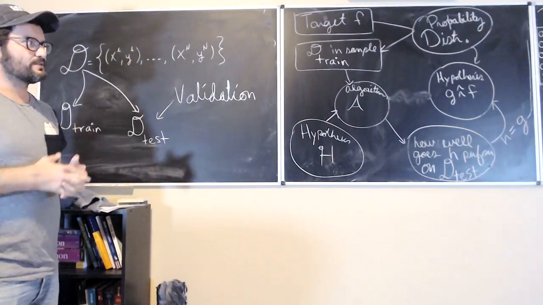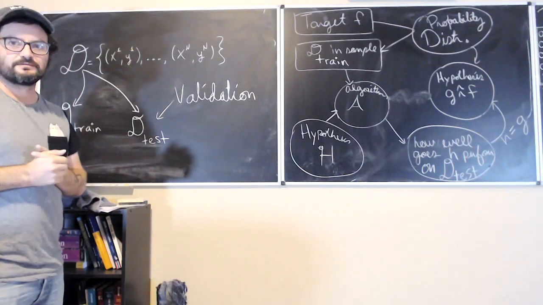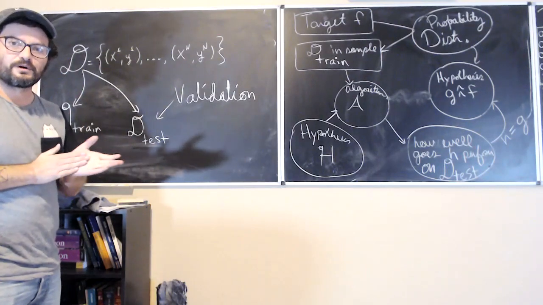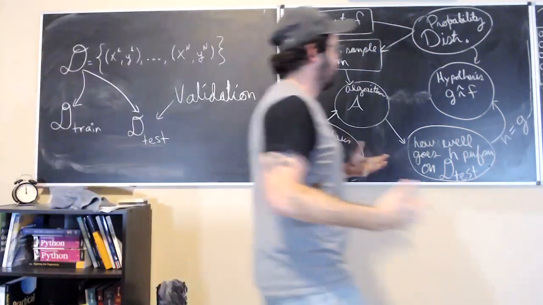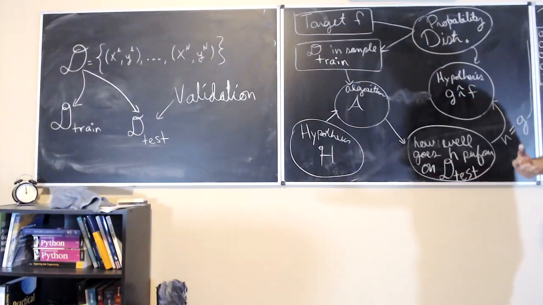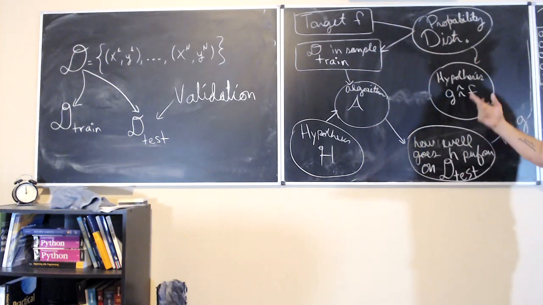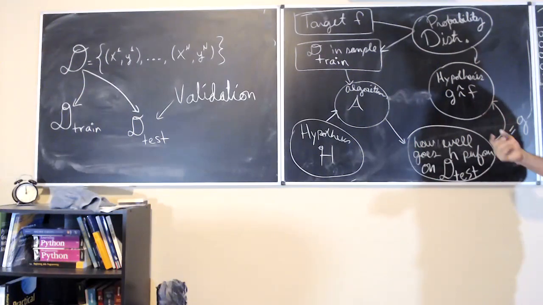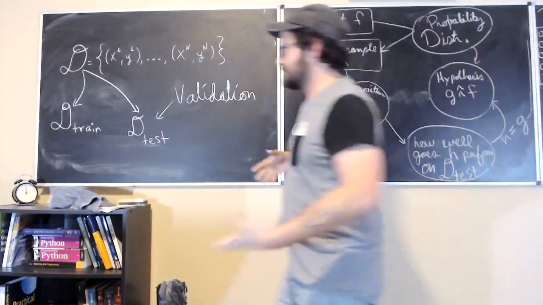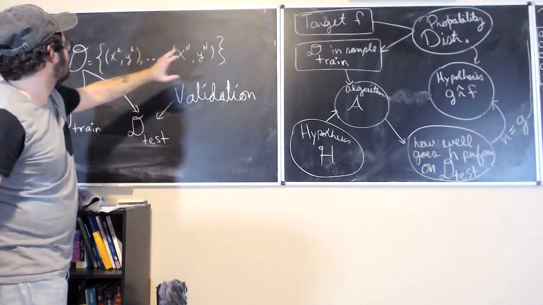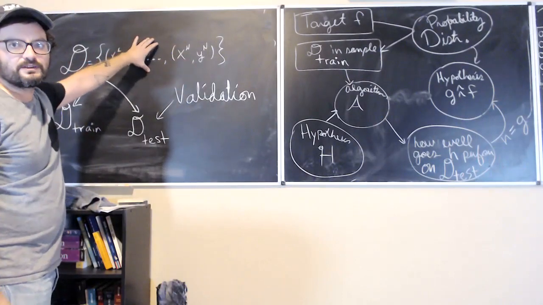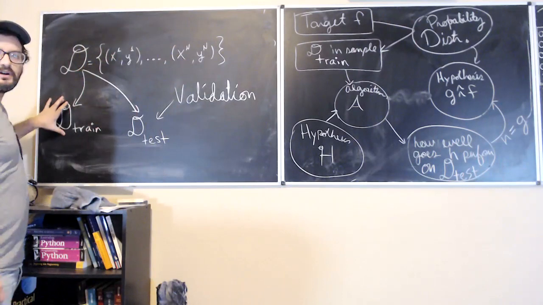Because we're always concerned with out of sample performance for our models, for our hypotheses, and we know that it's possible that our in-sample hypothesis will perform moderately well on out-of-sample data, how can we test that? We can test that by taking some random collection of our data that we own and training on that data.